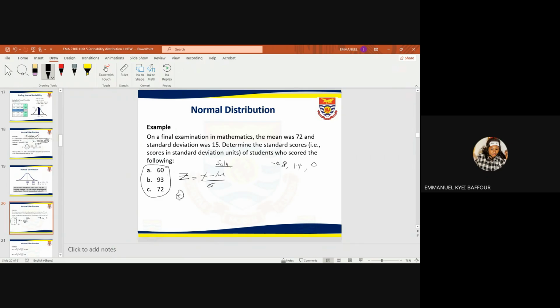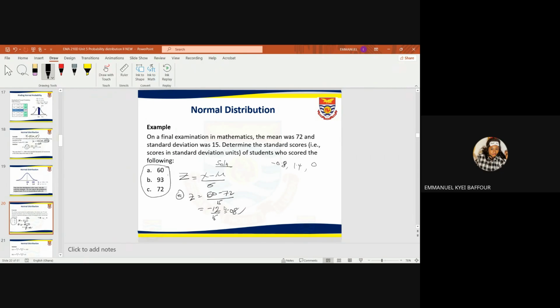So the a part will give you z equal to 60 minus 72, divided by 15. This will give negative 12 divided by 15, and that gave you negative 0.8. So you are supposed to do it the same way.